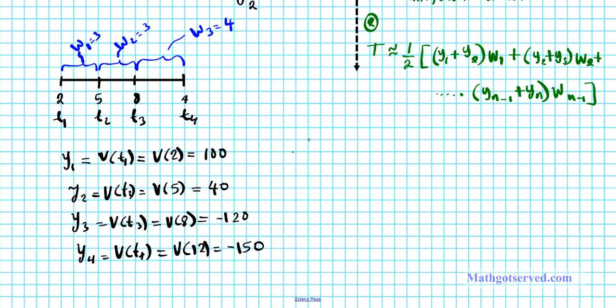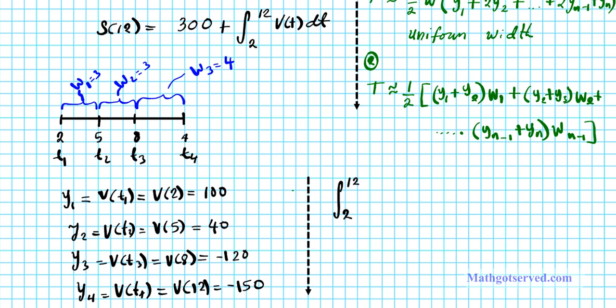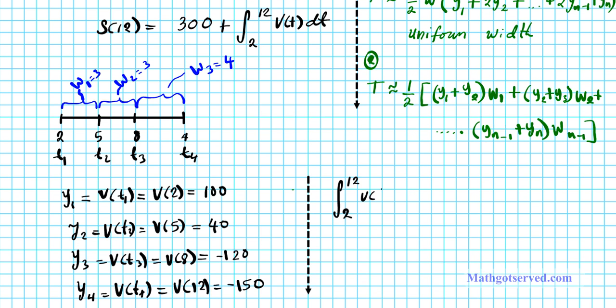So we have the integral from 2 to 12 of v of t dt is approximately what you get when you calculate, let's take out the 1/2, and then we're just going to apply this formula right here to this situation.